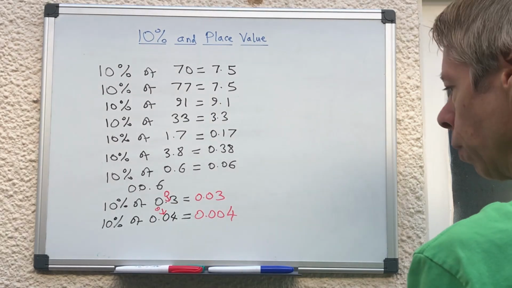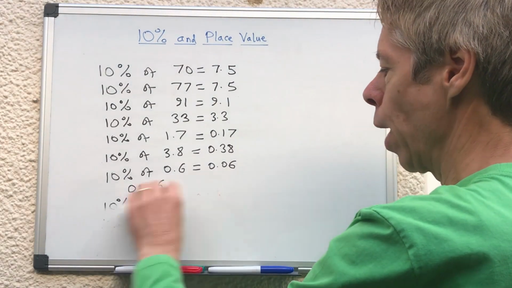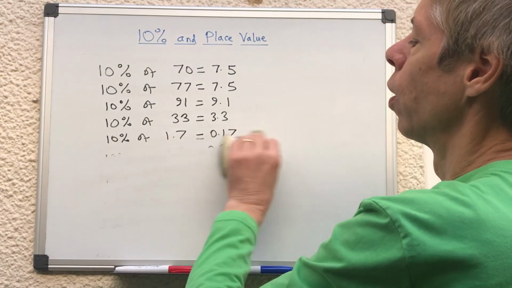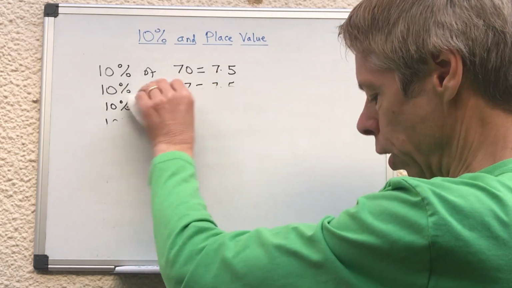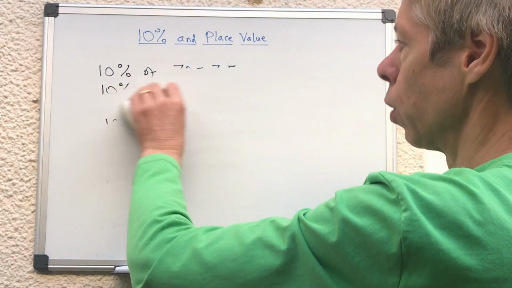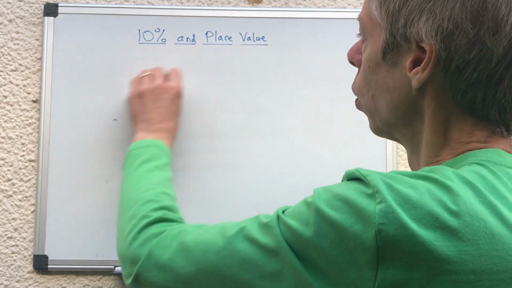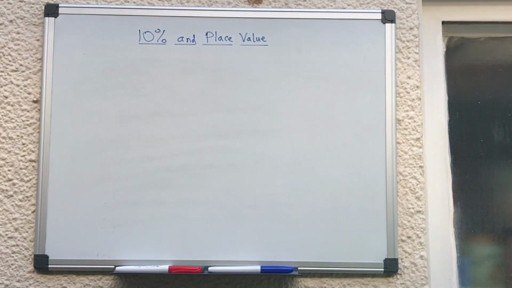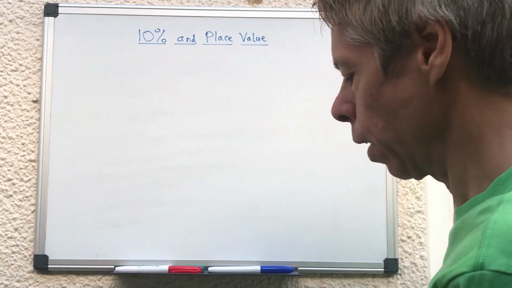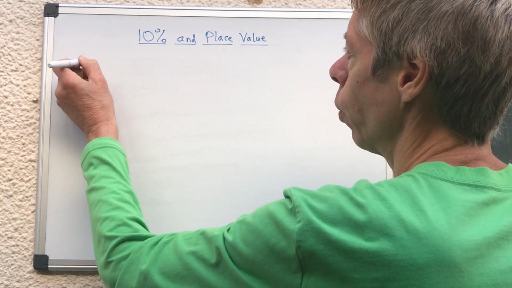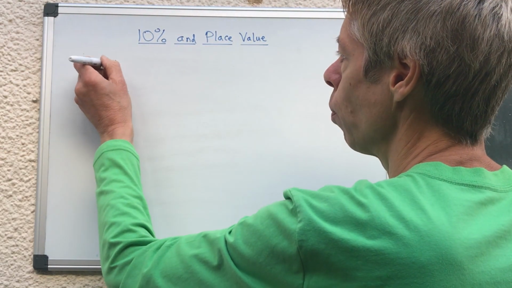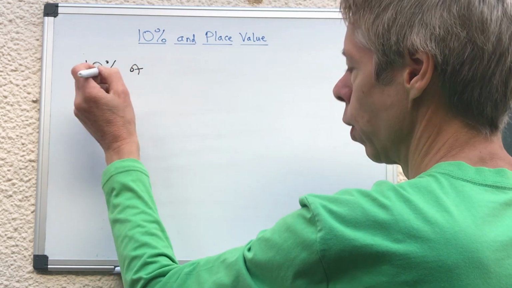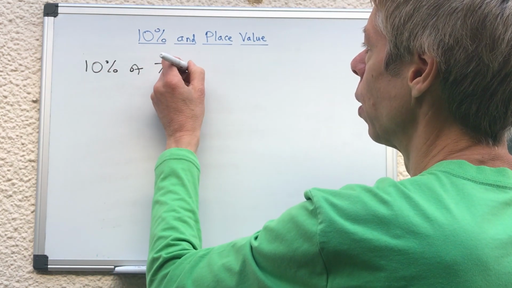So get yourself ready then. Get your pen, your paper ready for some quiz questions. 4 questions then on finding 10%. So question 1, what is 10% of 70?